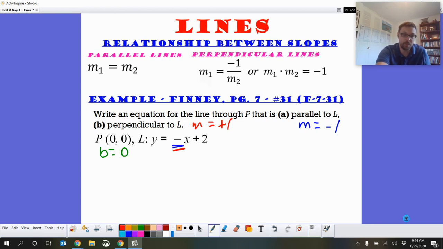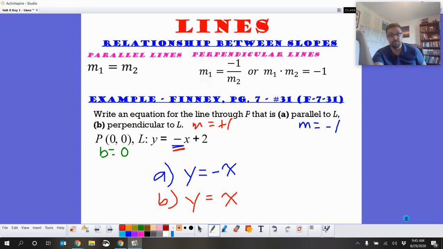So the first one, the parallel one, it would be y equals my slope, which is -1, so negative x, plus 0, but that seems a little silly to write plus 0, so it's just y equals -x. To do the perpendicular one, it's just y equals positive x. Done. Again, plus 0, but that'd be a little goofy.